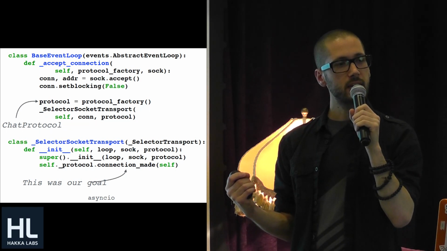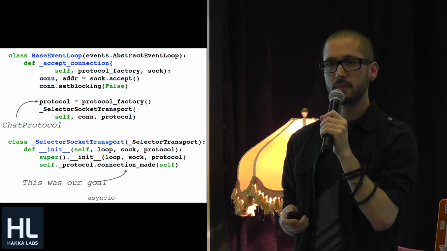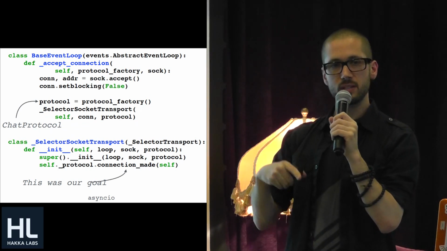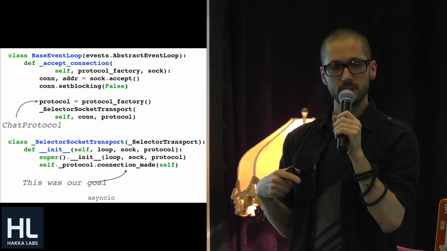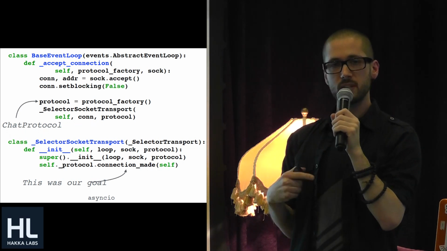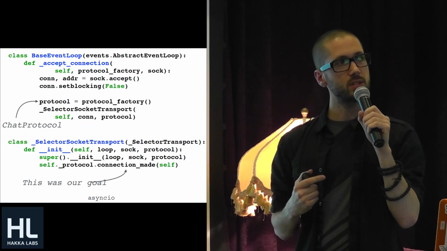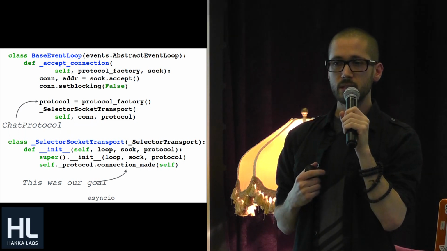And we instantiate a protocol using the protocol factory. And that is the chat protocol that we defined back in our application. This is the special subclass of the WebSocket protocol that we got from Autobahn. We pass that into the transport along with the connection.